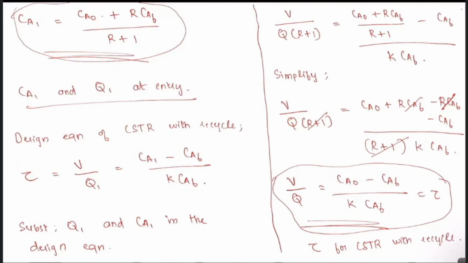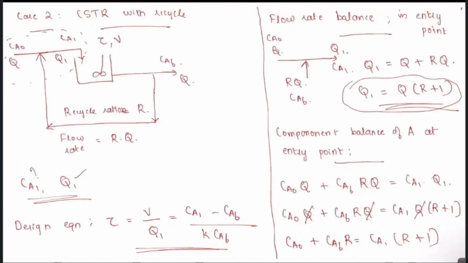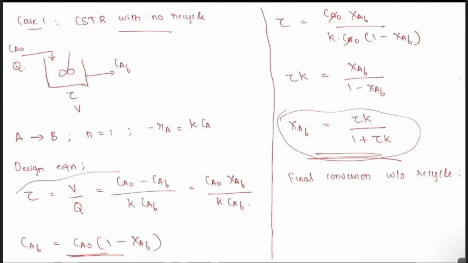Now if we look carefully, the tau for CSTR with recycle is basically equal to the tau for CSTR without recycle. Right?